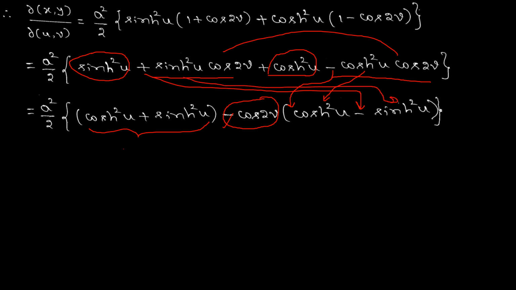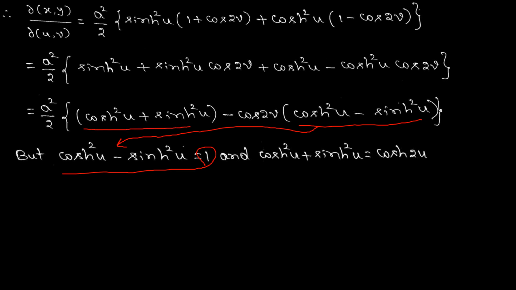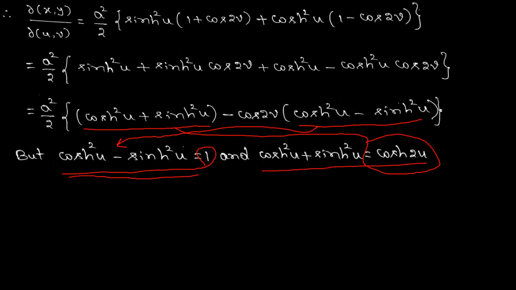Again we have identities for this term and this term. The identity says the value of cosh square u minus sinh square u will be equal to 1, and the value of cosh square u plus sinh square u will be equal to cosh 2u. You need to memorize these two identities. In the case of hyperbolic functions, these two identities hold true.